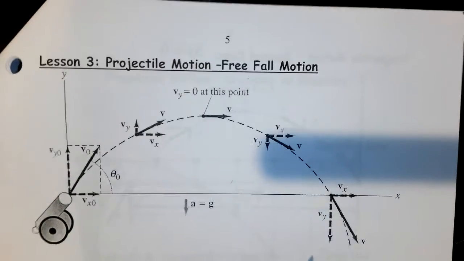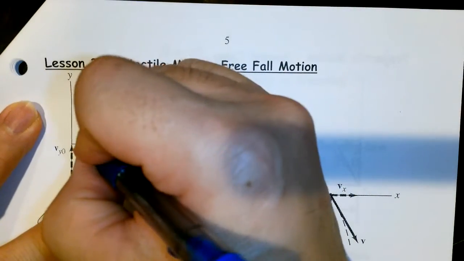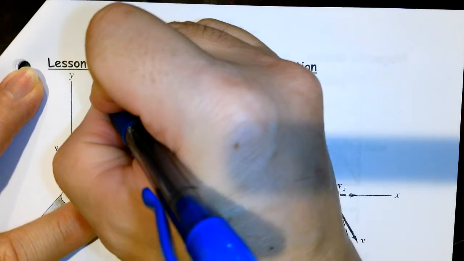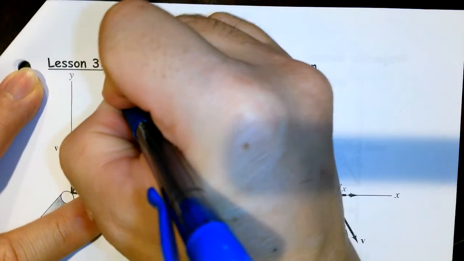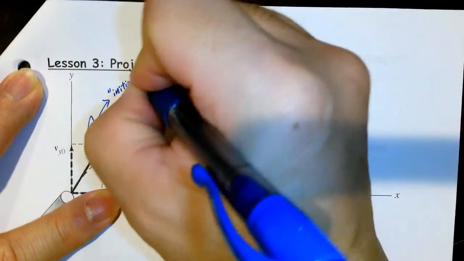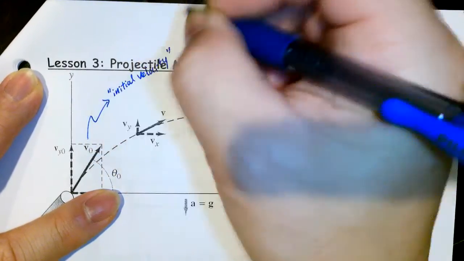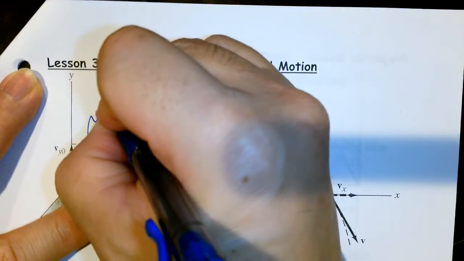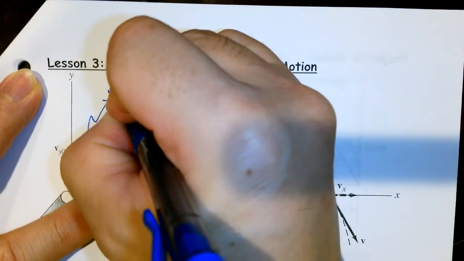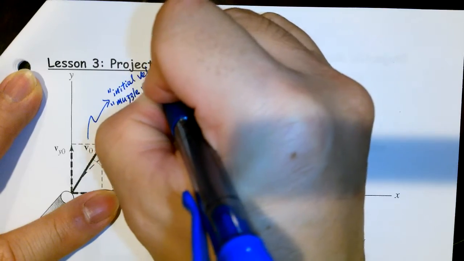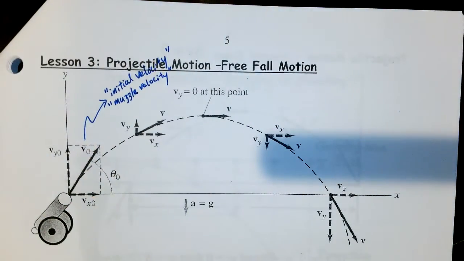So this v naught is known as the initial velocity, or otherwise known as the muzzle velocity. That's the speed of the bullet coming out of the muzzle of the gun.